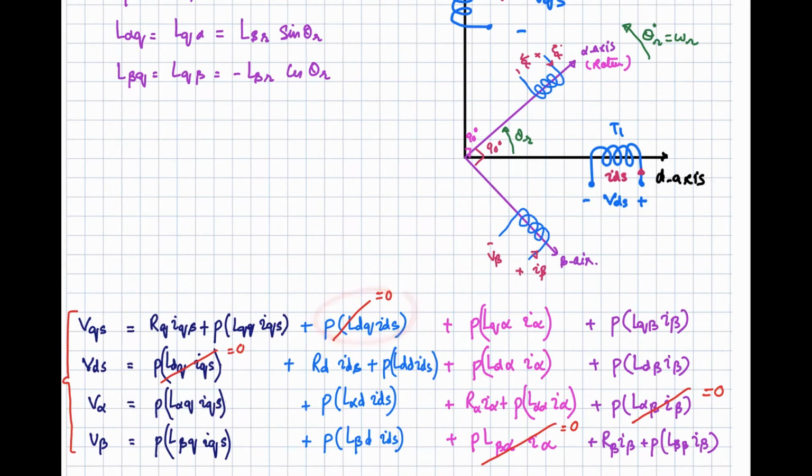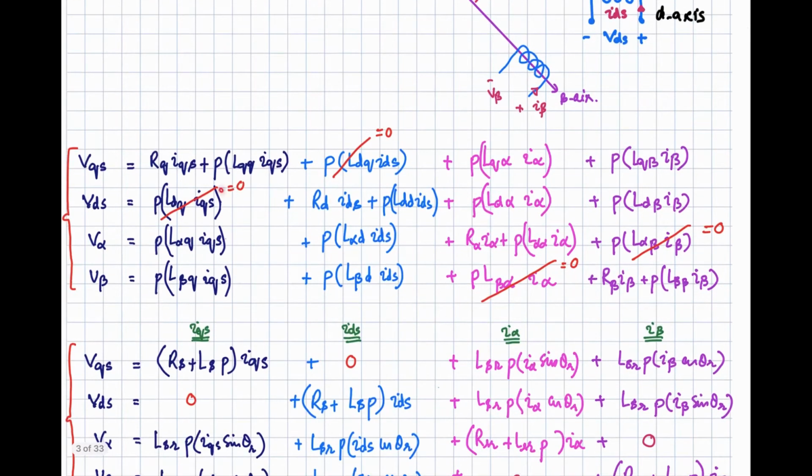So this inductance is 0. Similarly, LQD will be equal to 0, and alpha beta will be equal to 0, and beta alpha will be equal to 0. So these are the inductances within one frame of reference, and they are going to be 0 because the two axes are orthogonal to each other. The flux of one winding over one axis will not affect the flux of the other winding, will not link with the other winding.